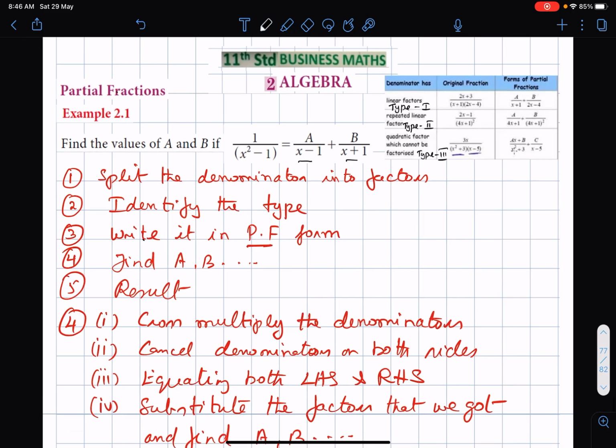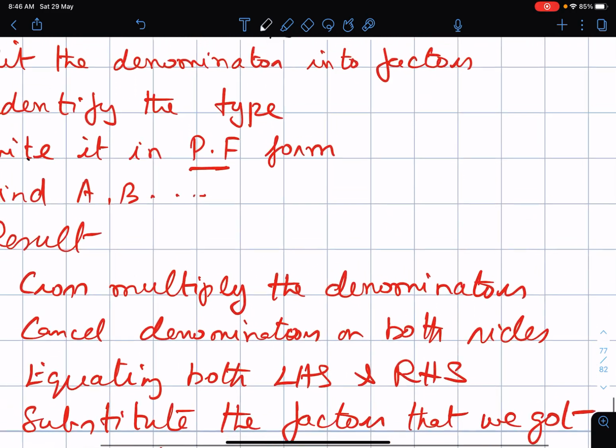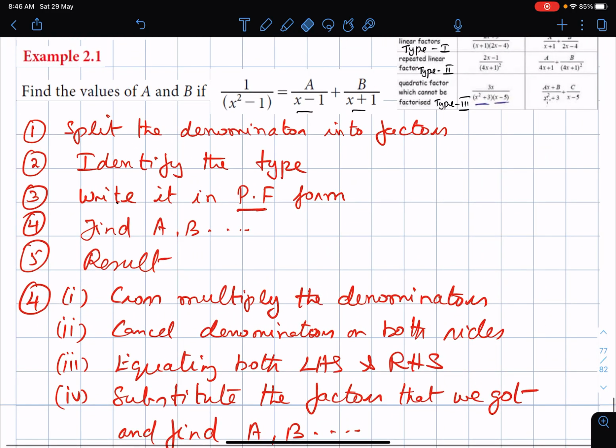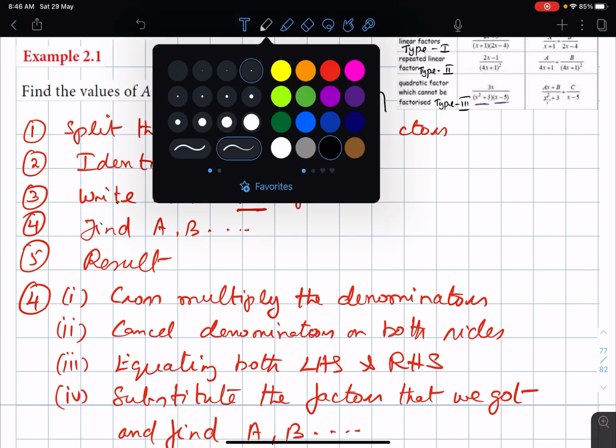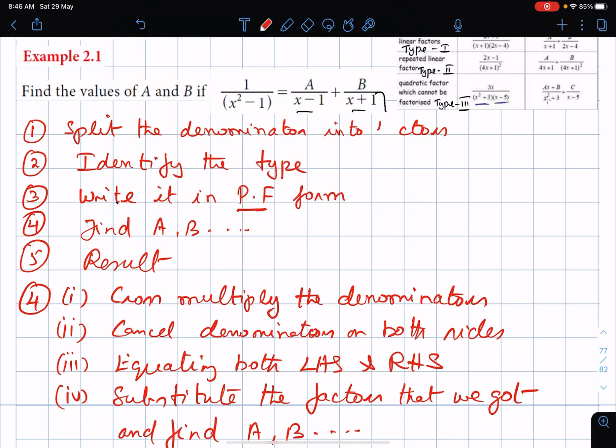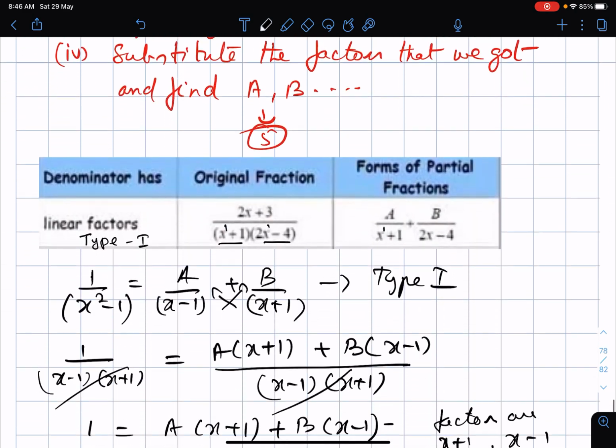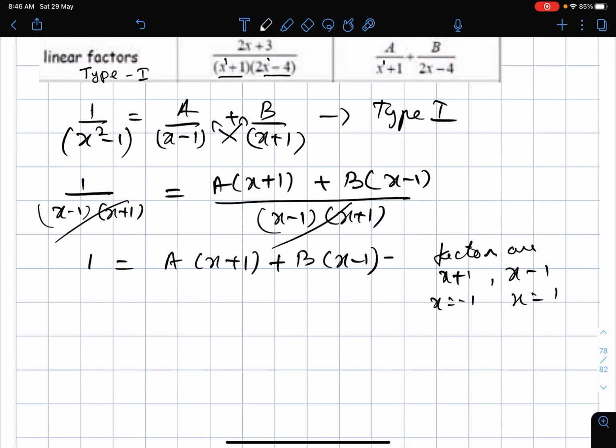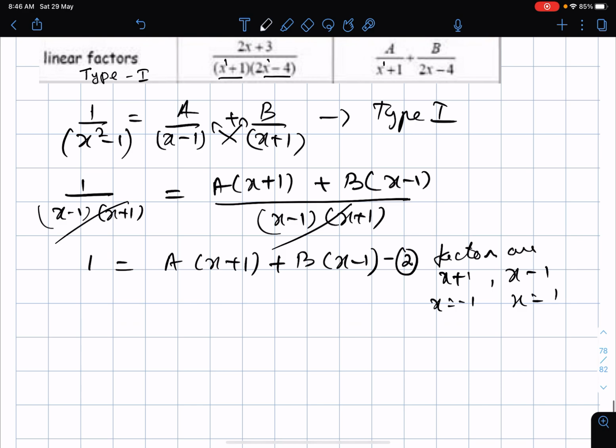I will name this equation as 1, and this will be 2.